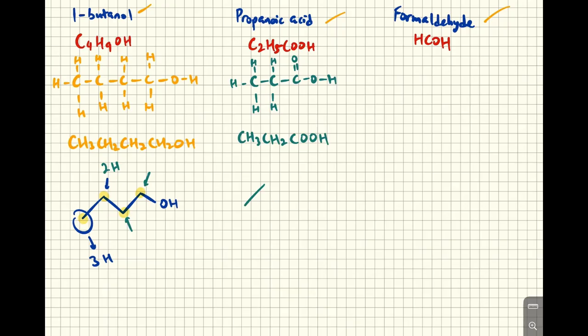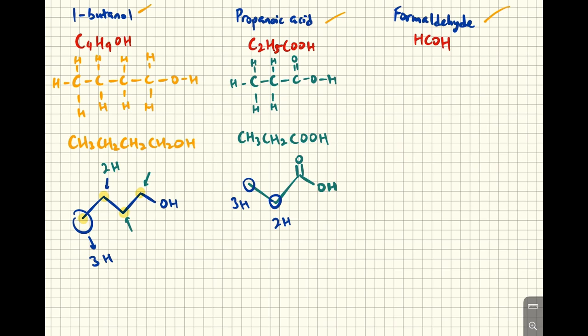Okay, maybe let's not draw it this way. Maybe I'll draw it this way, so it's a bit easier for me. So you can see, as usual, just reiterating my previous example, this carbon here has 3 hydrogens. For this carbon here, there are 2 hydrogens.